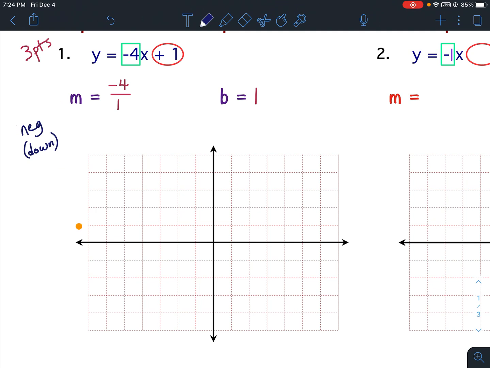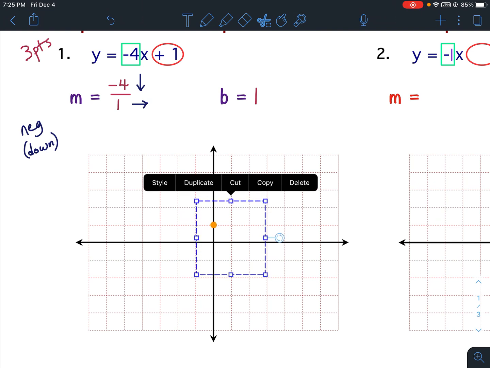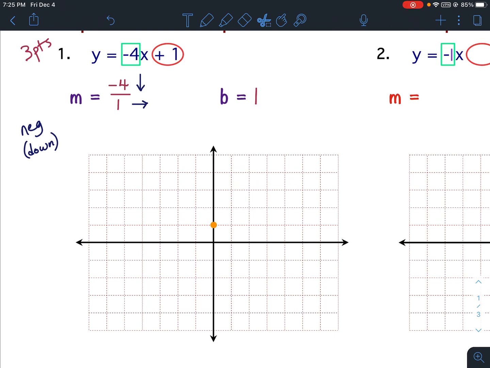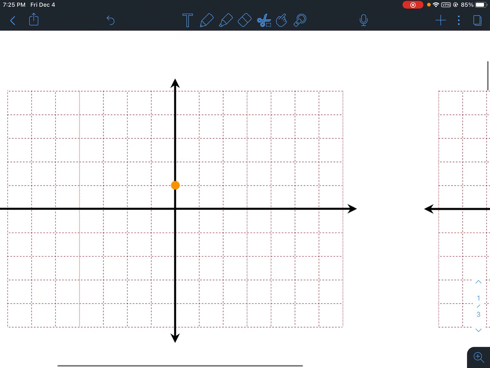Since it's negative, I'm going to go down 4 and to the right 1. So I'm going to start my point at +1. Here's the origin. I go up to +1, and that's where I place my first point. Now to graph it, I'm going to go down 4 and to the right 1.